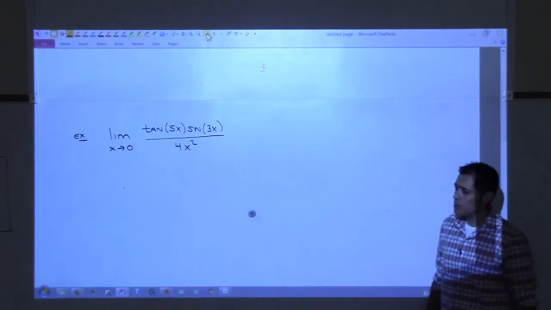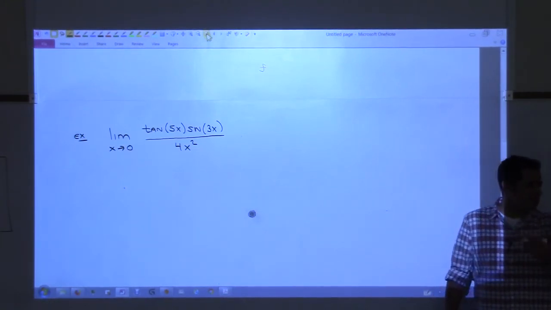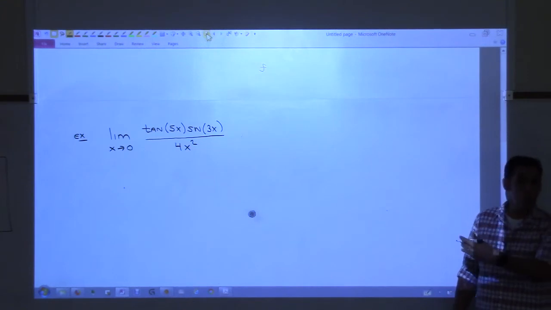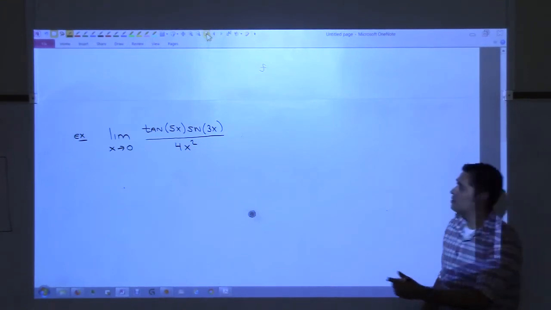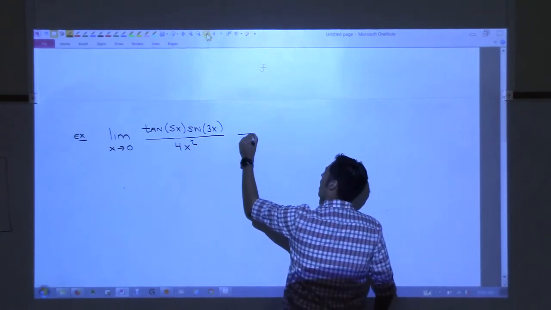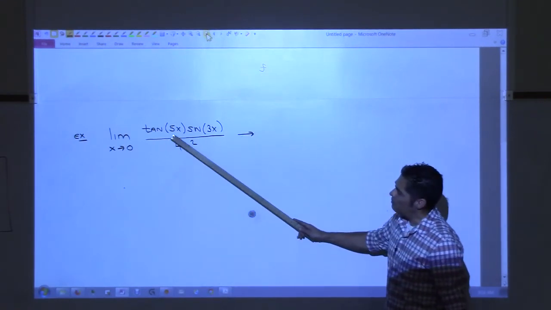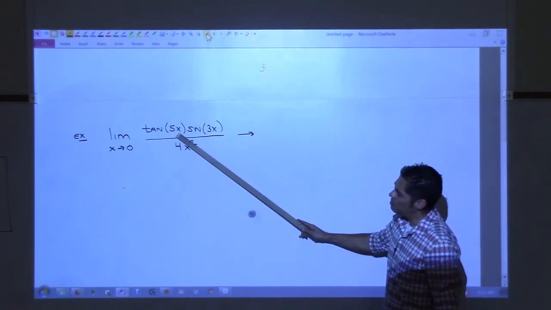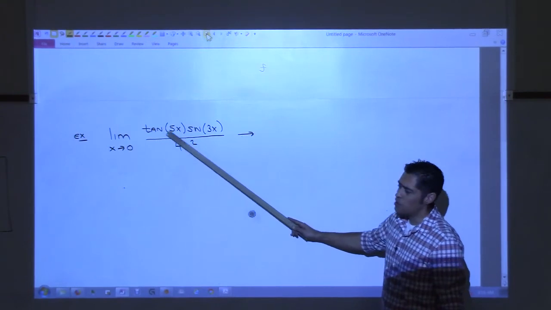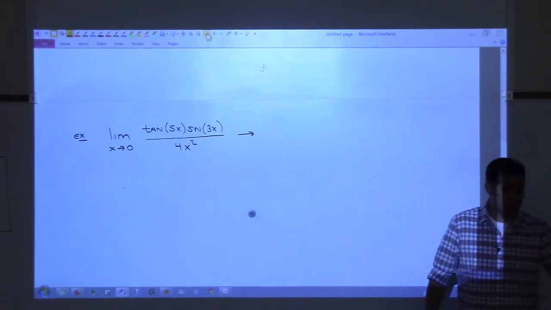So the first thing we do is try direct substitution to see what form we're getting, all right? So let's do that. What happens on the top? If I plug in 0 here for x, 5 times 0 is 0, and tangent of 0 is 0.